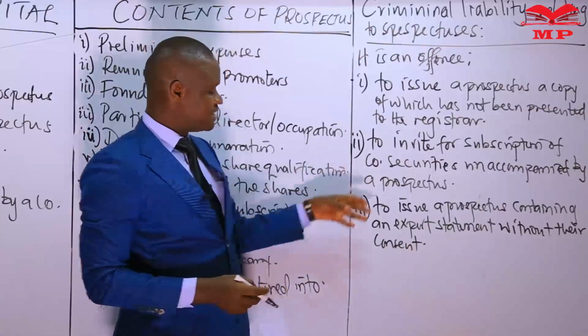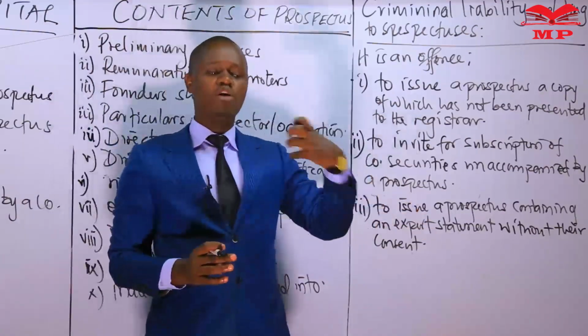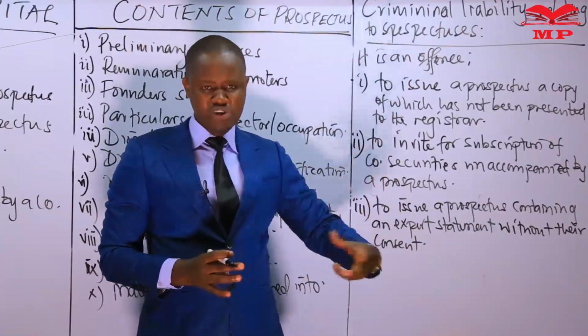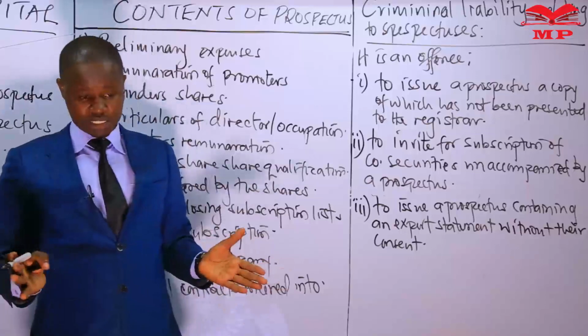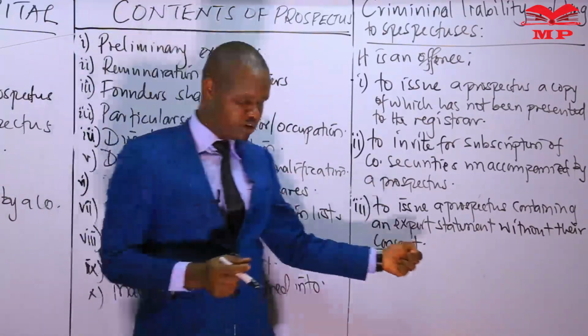Now, what this offense is prohibiting is the issuing of prospectuses that purport to contain opinions or statements given by experts, where the consent of that expert has also not been obtained.